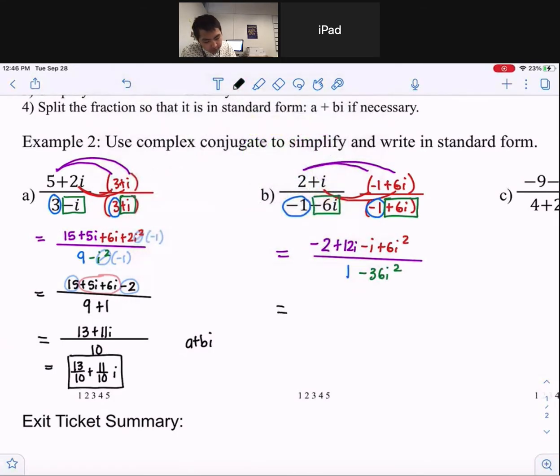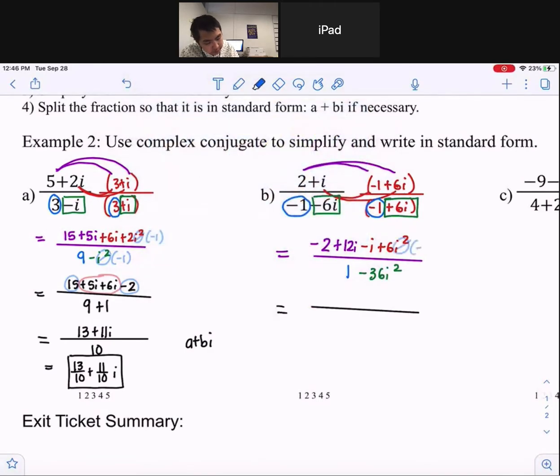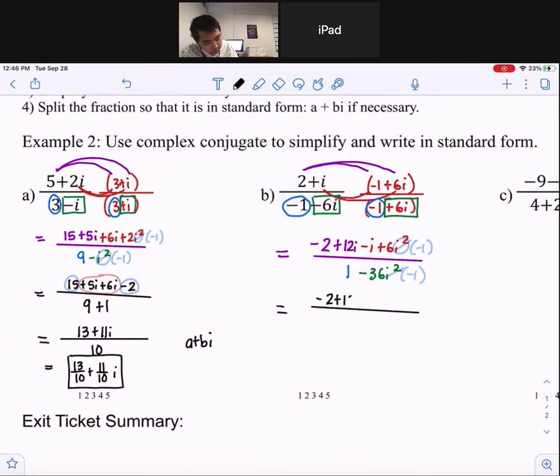Now we just gotta simplify, but before we do that, remember the i to the second, you guys, that's really -1. So we get -2 plus 12i minus i. 6 times -1 is -6. -36 times -1, you guys, is +36.